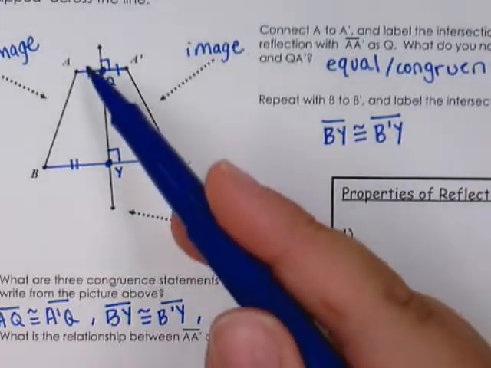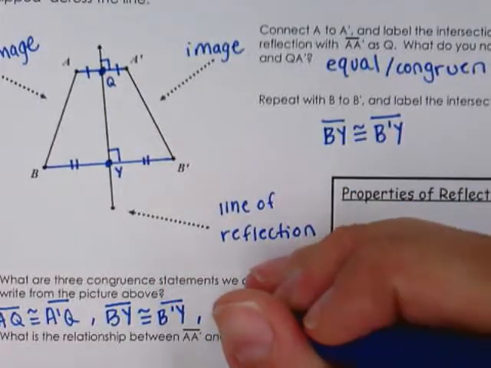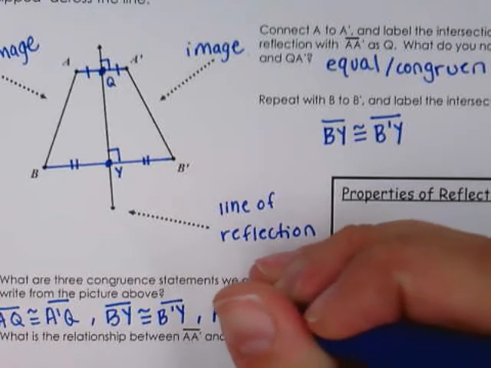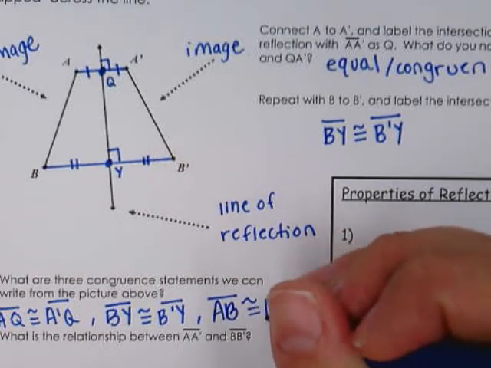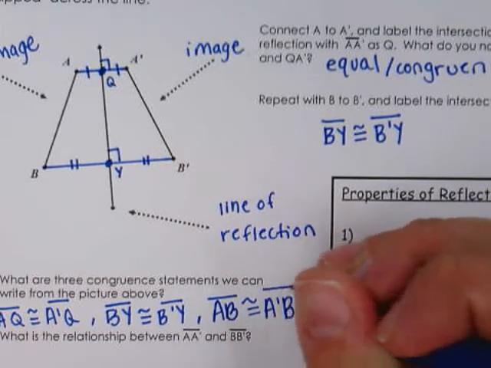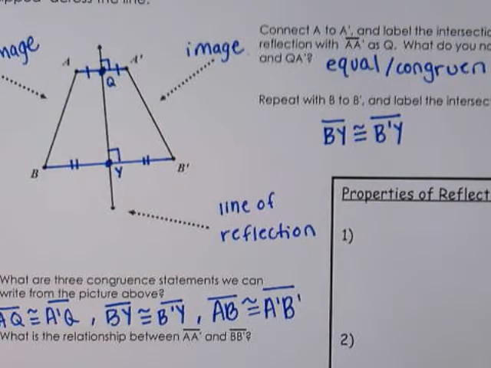So our original and the new image should be congruent to each other. So we say AB is congruent to A prime B prime. Those two lines are also congruent.